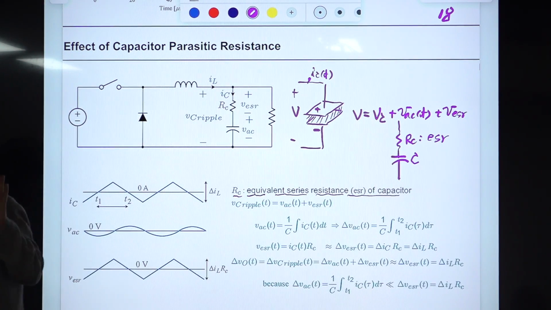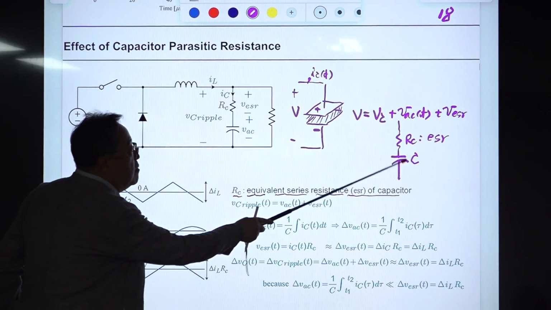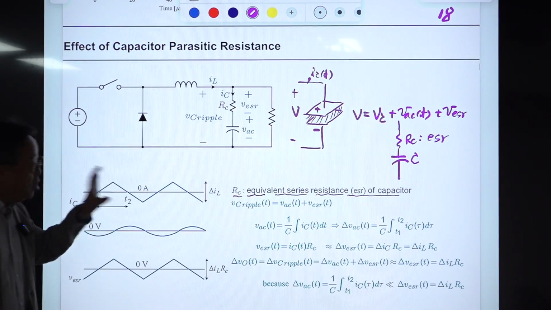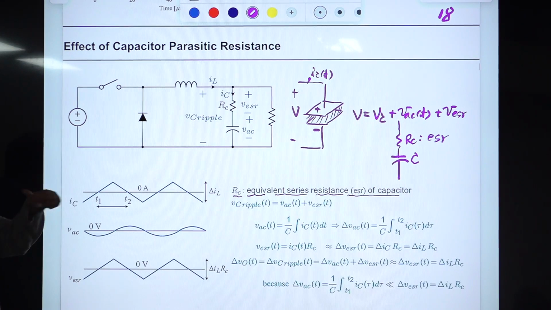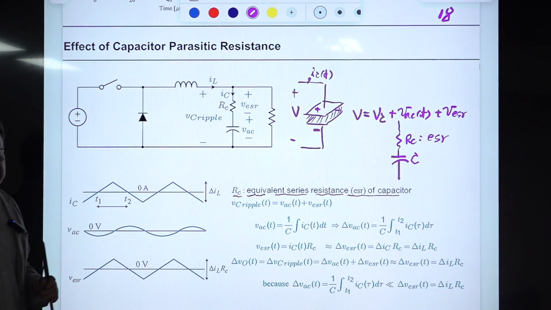Okay, the consequence of this ESR is extremely important. You design the converter, okay, and you have good phase margin, gain margin, it ensures good stability. But suppose you use the cheap capacitor, very cheap, okay?